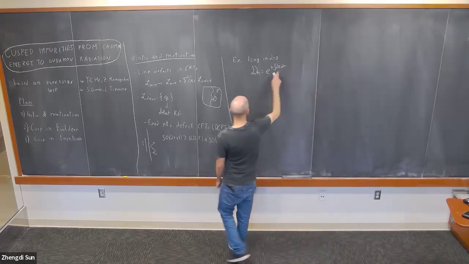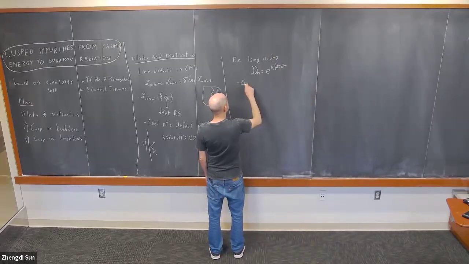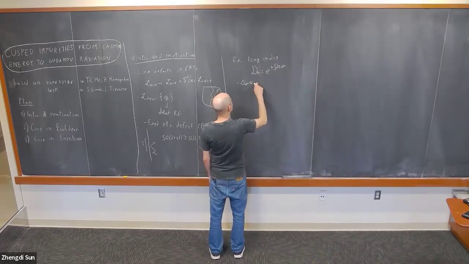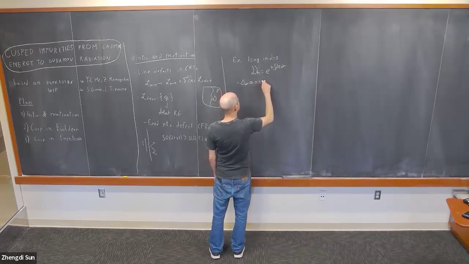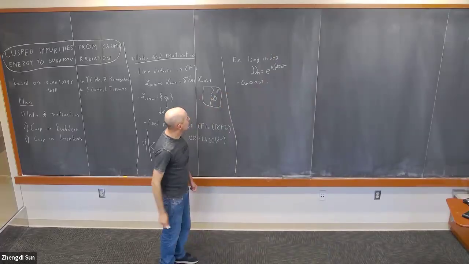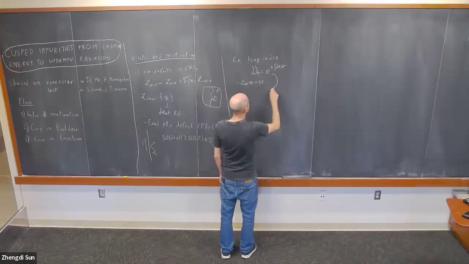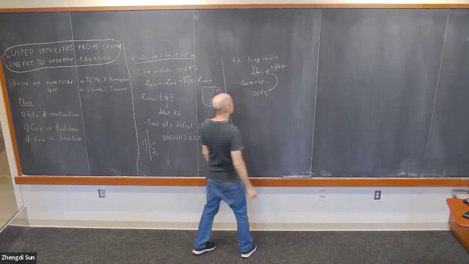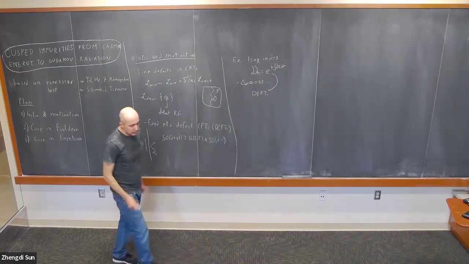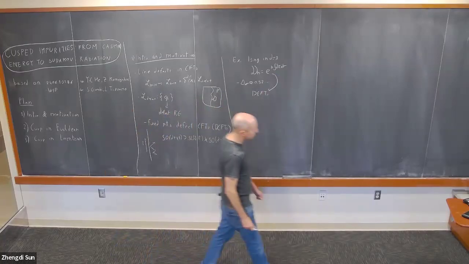Now, this is a relevant perturbation because sigma has dimension which is roughly 0.5 something in 3D. And since it's integrated along the line, and its dimension is less than 1, this means that the flow ends close to some complicated defect CFT, of which we can study the properties, for instance, numerically, in the epsilon expansion, or at large N.